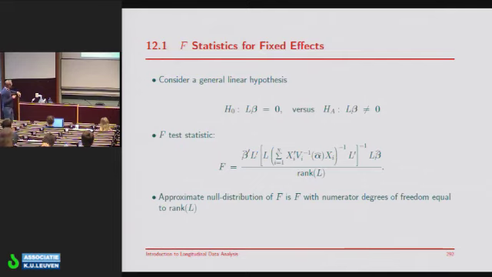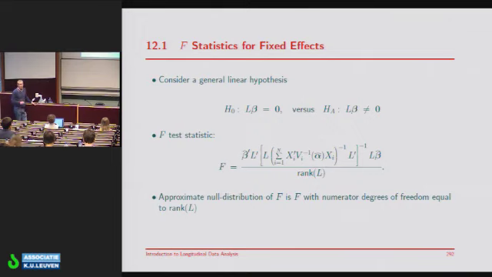Okay, the situation is the linear hypothesis that we discussed yesterday, a general null hypothesis of the form L times beta is equal to 0, versus the alternative that L times beta is not equal to 0. And most hypotheses in practice can be formulated in this general framework. And then we've seen yesterday that the F statistic that you use for that is this one.